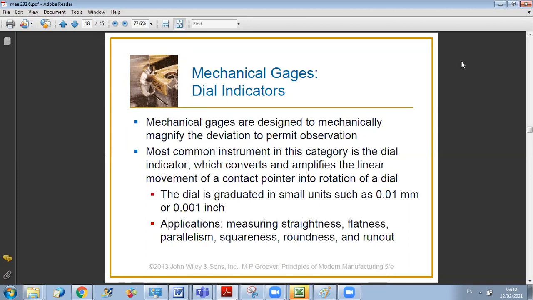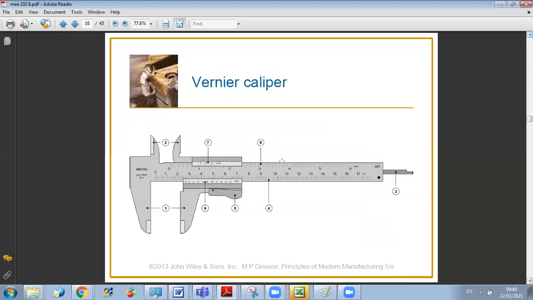And this is the case in the vernier caliper, and we will go through it in detail next time. So here you can see we magnify the measurement in this scale to measure very small lengths. Okay, we'll see it in detail because it needs time to explain it. And also you can find it in the YouTube links I posted for you. But we'll go in detail and take examples next time.